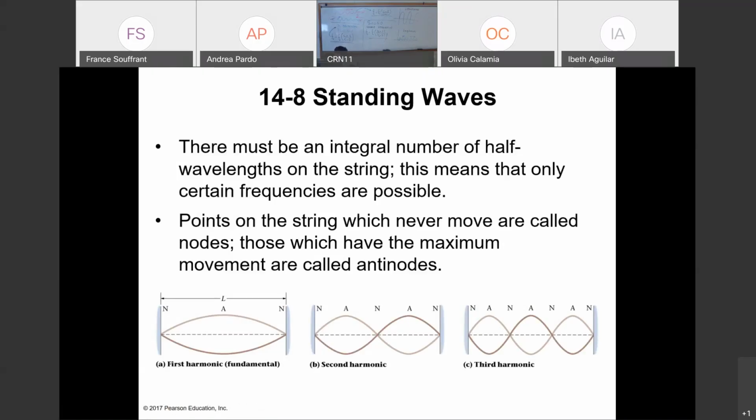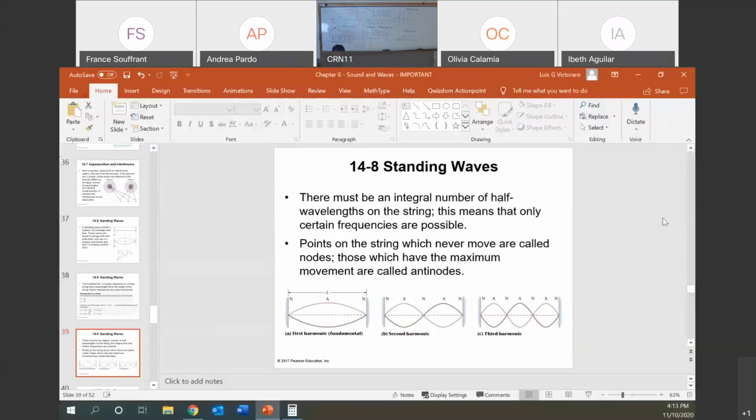And this is the one that we're going to use for the two open-end pipe or tube. Okay? Because let me show you, I don't know again if they showed you this in the lab, but let me draw you a few pictures. Okay? So I'm going to leave that in there.